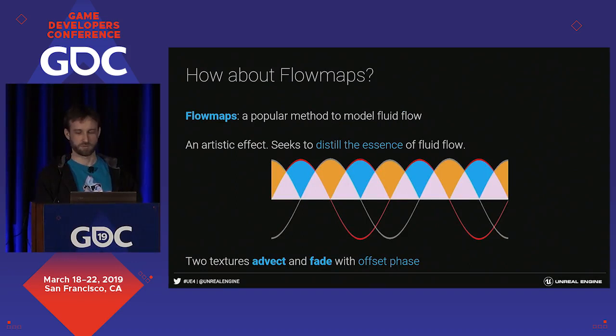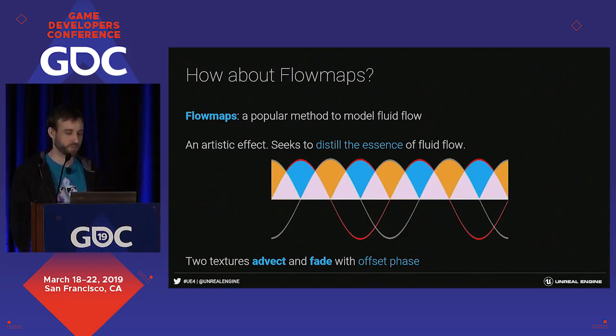This same kind of effect can be used for flow maps. I think you probably don't need to go too much into how flow maps work, but they're an artistic effect that distills the essence of fluid flow into a shader. What you do is take two textures and pan them, or actually advect them, by a field. Because you get a lot of texture stretching once you've advected something or distorted the UVs with some other texture, they reset and then fade to another texture with an offset phase.